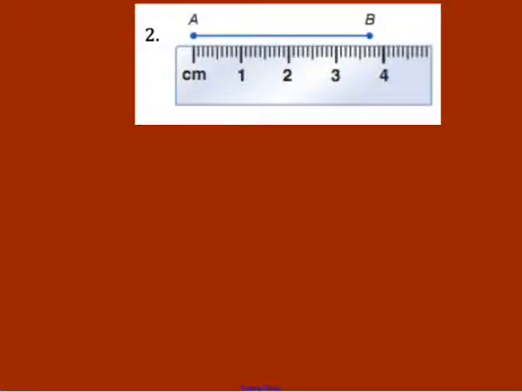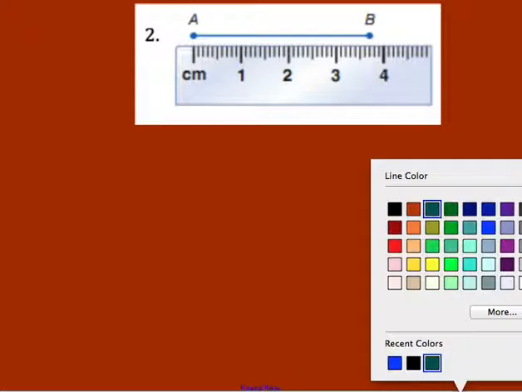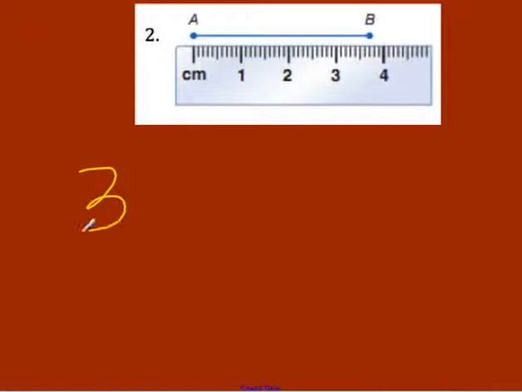Let's take a look at number 2. For number 2, we want to measure this out. Again, I notice that B is in between 3 and 4, so I'm going to put 3. Then I want to count. Again, 1, 2, 3, 4, 5, 6, 7, 8, 9, 10. So the bottom of my fraction is 10. Now I want to figure out how far B is going over. It's going 1, 2, 3, 4, 5, 6, 7, 8.